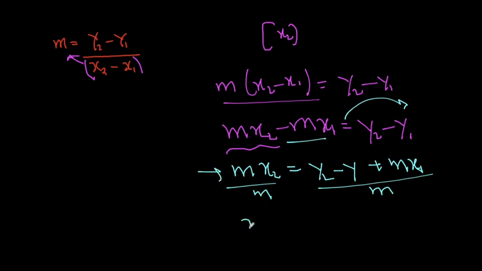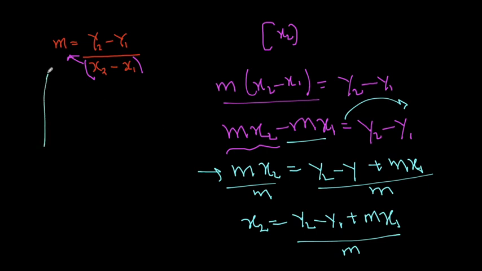So you will get x2 is equal to y2 minus y1 plus m x1 over m. Now you can see that earlier the subject was m, now the subject has changed to x2. So this is called manipulation.